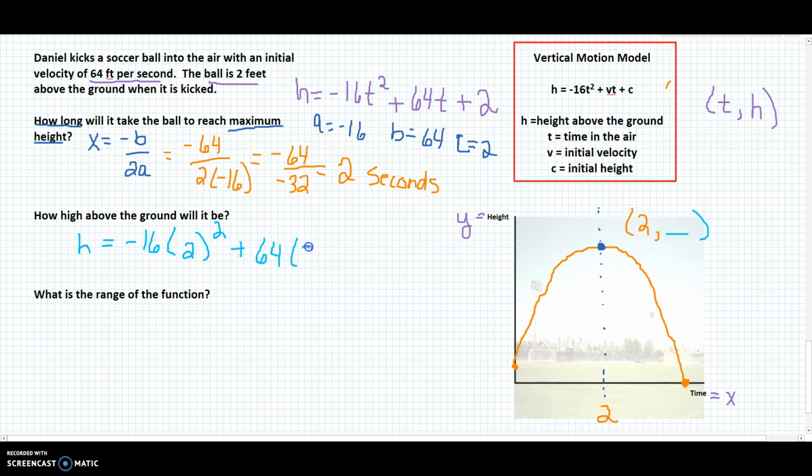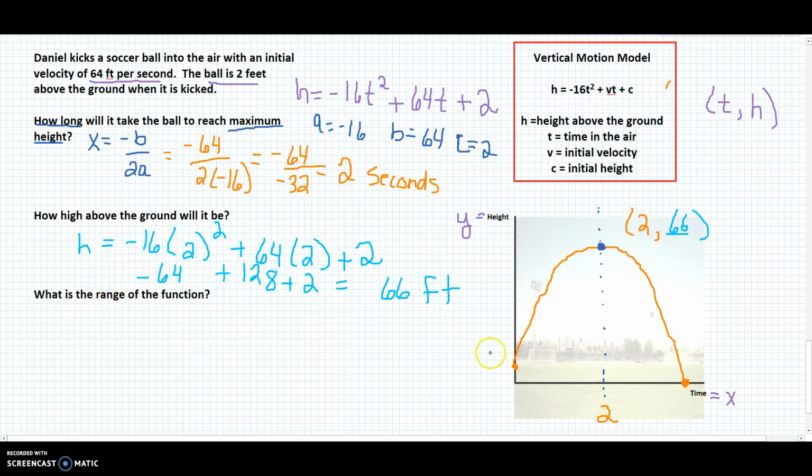So -16 times 2 squared plus 64 times 2 plus 2. So we get -64 plus 128 plus 2, which gives us 66. So the height of our ball is 66 feet.